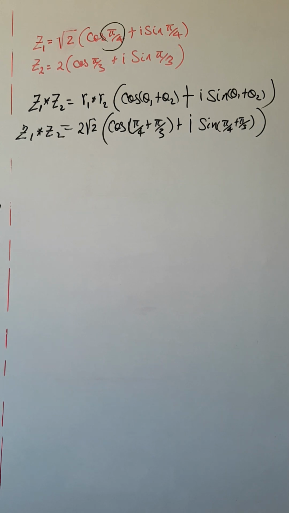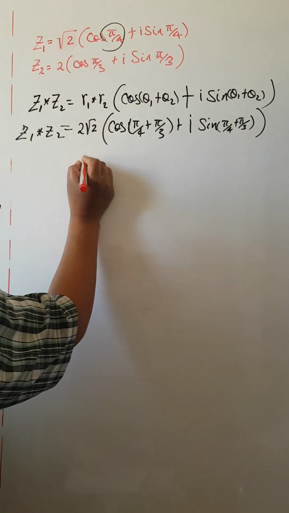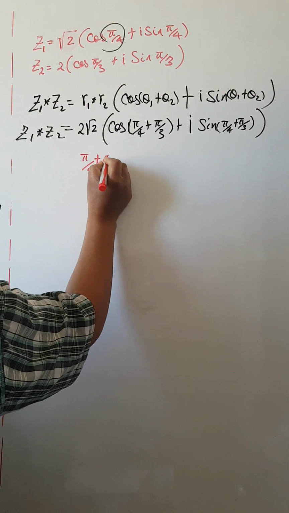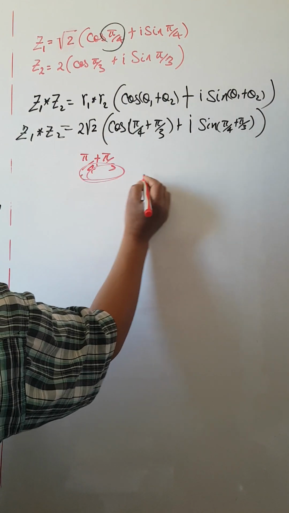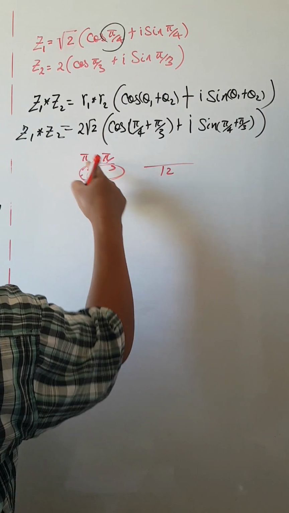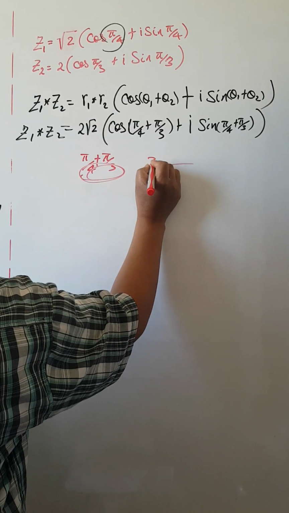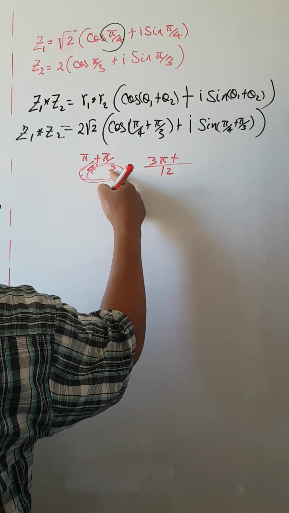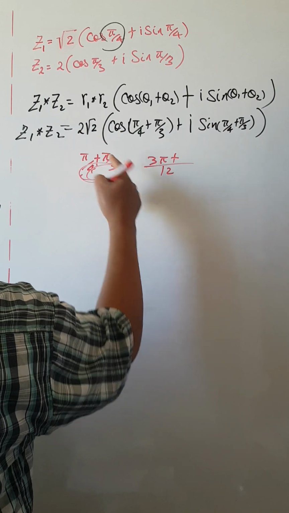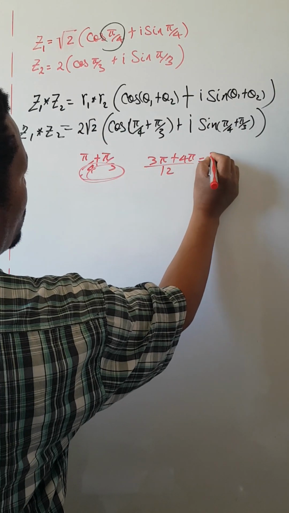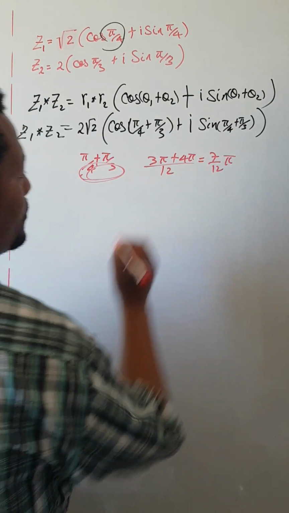Good. What is pi over 4 plus pi over 3? The common denominator here is 12. 12 divided by 4 is 3, then 3 pi plus 4 pi. This is equal to 7 over 12 pi.